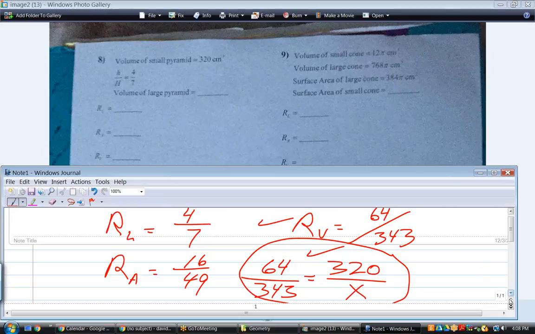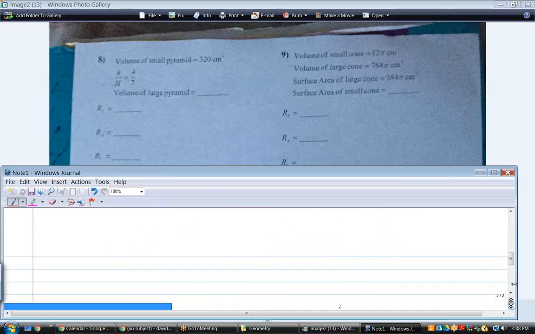All right, let's look at number 9. There are 3 things, R sub L, R sub A, and R sub V. Once you get the answers to these 3 questions, everything else kind of falls in place.